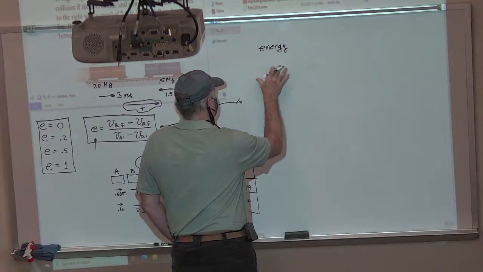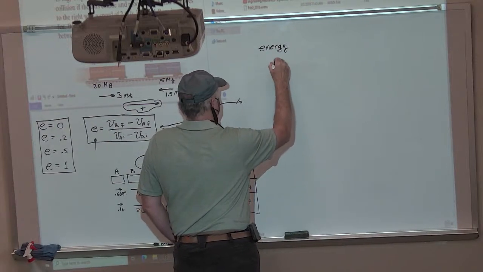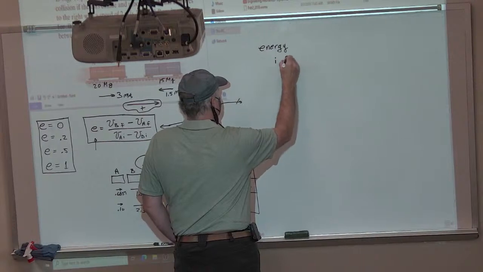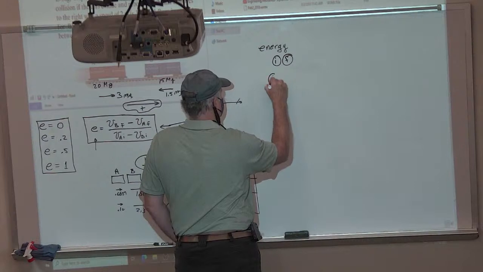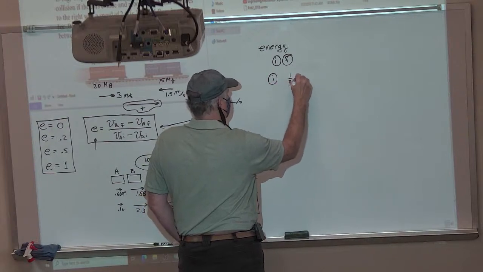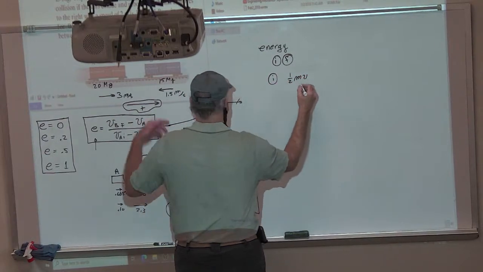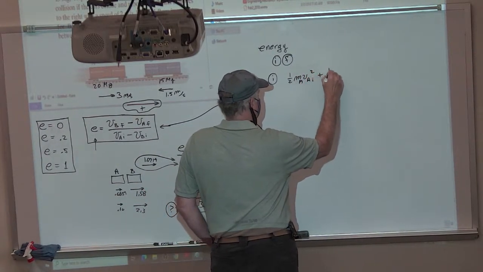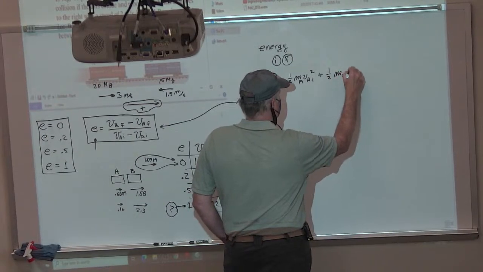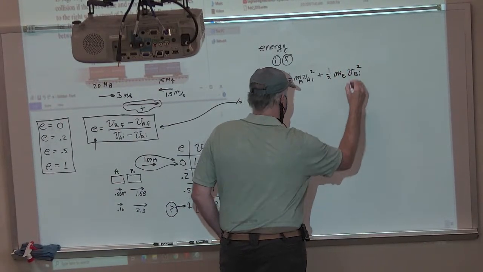Okay, the two objects had a state initial and a state final. Let's look at the initial energy. All you had is 1/2 MA VA initial squared plus 1/2 MB VB initial squared.